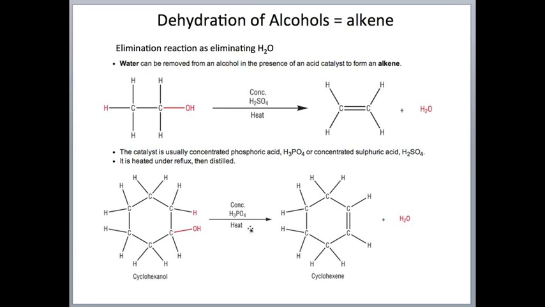Dehydration will happen if we use a catalyst. In this case, we can use concentrated phosphoric acid to produce cyclohexene and H2O, and it's hexene now because there is a double bond, therefore it's an alkene, and again water is produced.